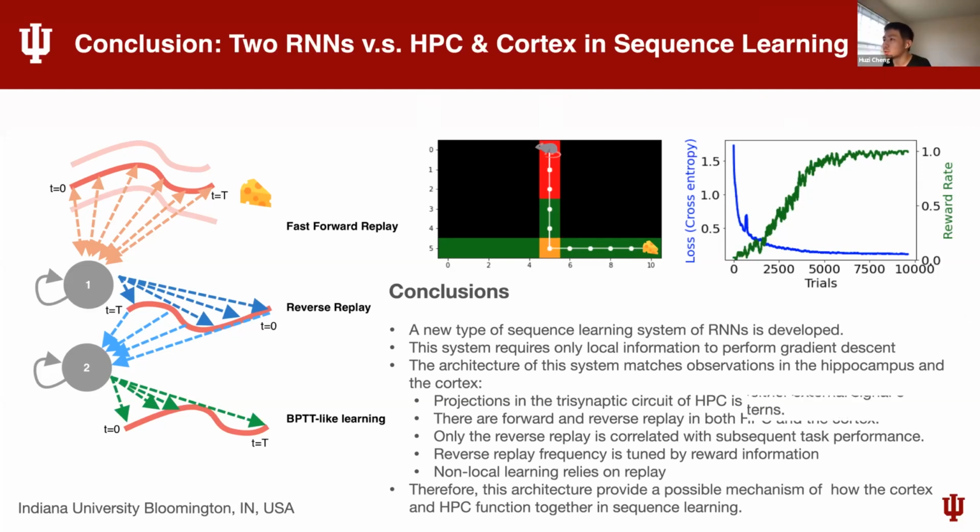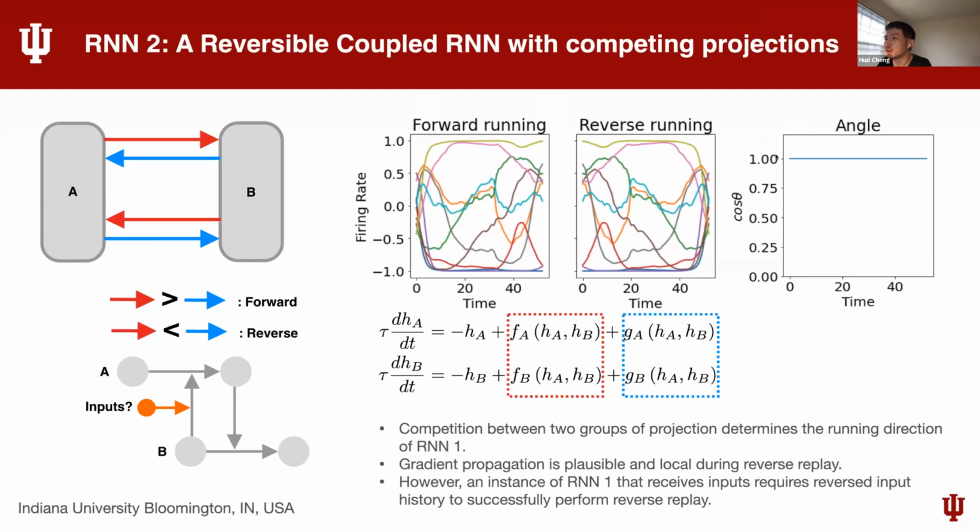Okay, so I have a few things I want to mention in this slide. For this neural network, the red projections we can call forward projections. They are just initially randomly initialized, so the whole network will randomly run in the forward running phase.